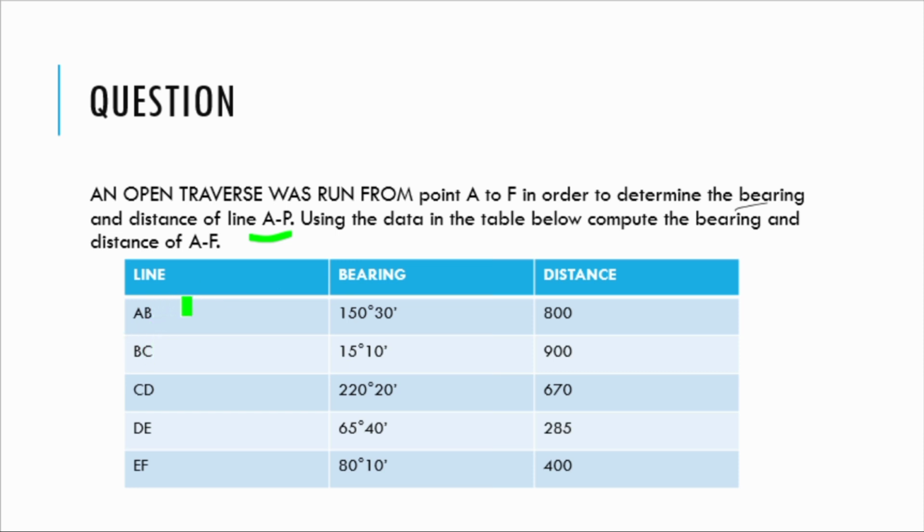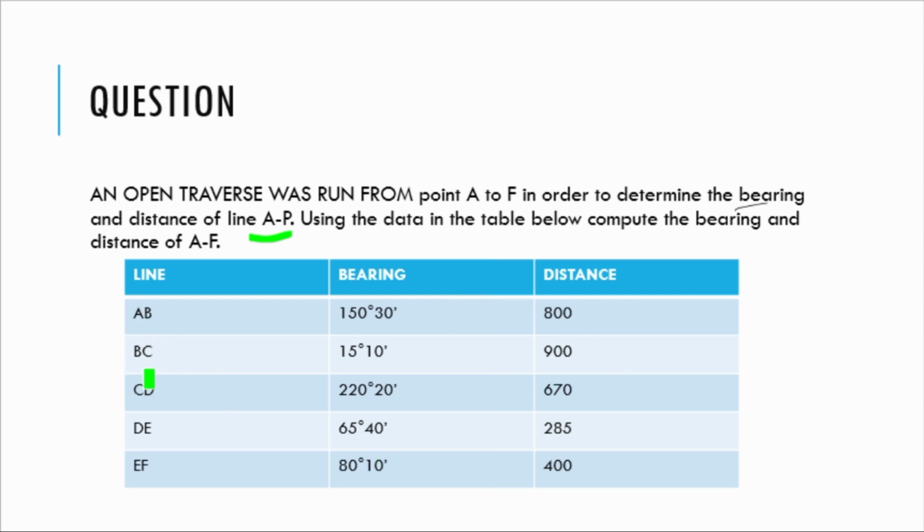Here we have been given a table having 3 columns. On the first column we have the line, that is the pathway of the traverse. We have the bearing of the line and the distance covered between those points when doing your traversing. So AB, bearing of 150 30, distance covered 800.